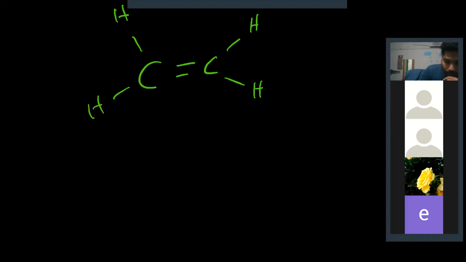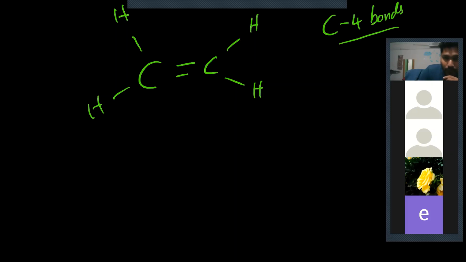So if you take a look at the ethene molecule, you have a carbon-carbon double bond, 2 carbon and 4 hydrogen. The rule of any structure in organic chemistry is each carbon should have 4 bonds. This point is very important.